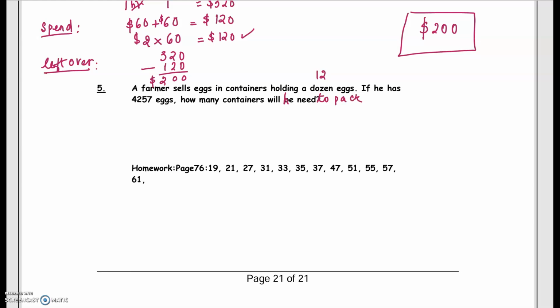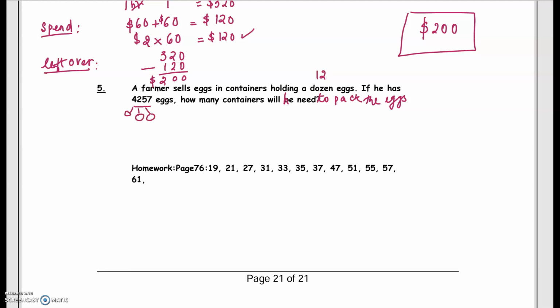First you need to pack the eggs, and then of course the next step is to sell them. So let's fix the last sentence: how many containers will he need to pack the eggs? Each container can only take 12 eggs, right? So you have to divide 4,257 into groups of 12.